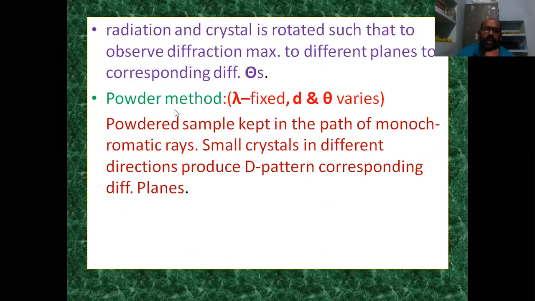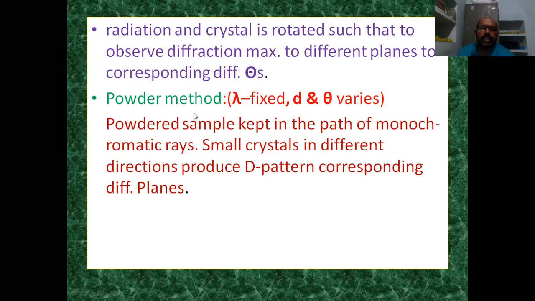Next one is the powder method. So here the wavelength of X-ray is fixed. That means a known wavelength is used, and here the interplanar spacings and glancing angles or diffraction angles vary.